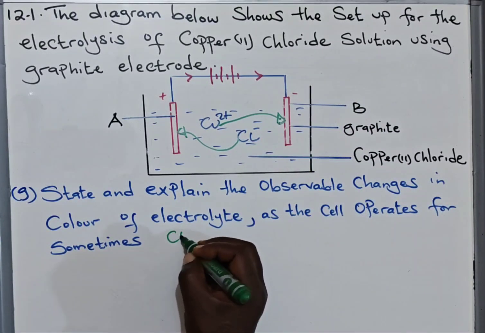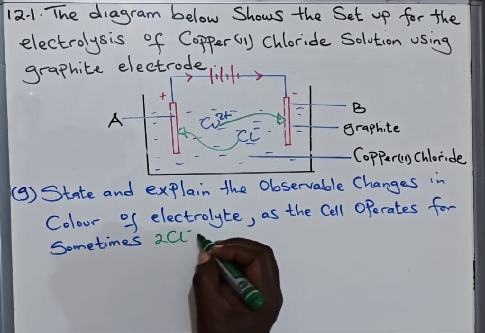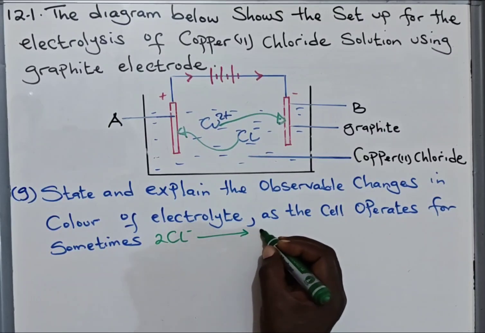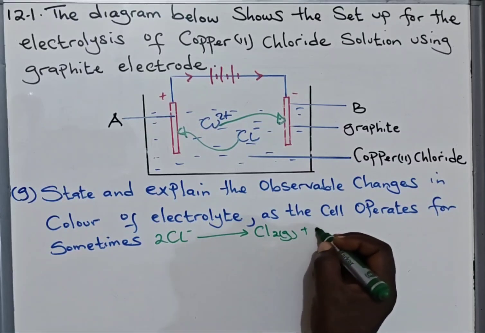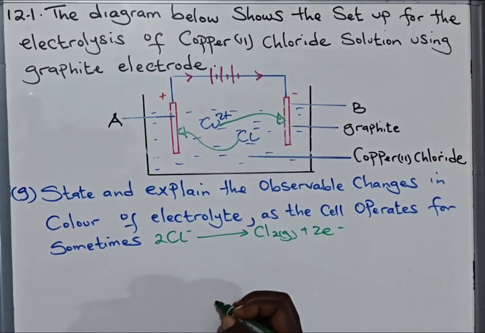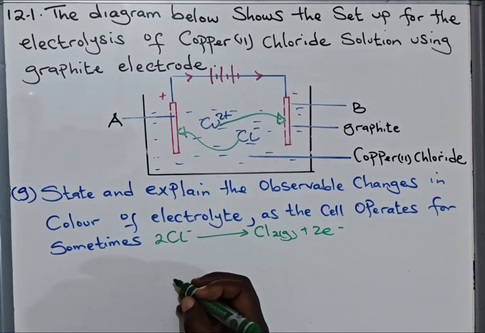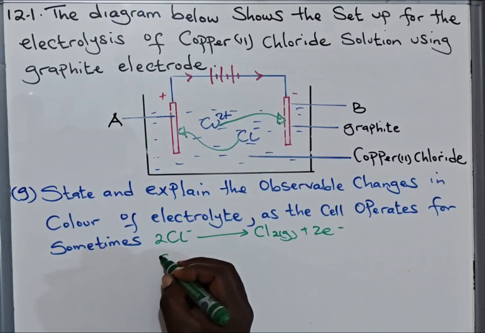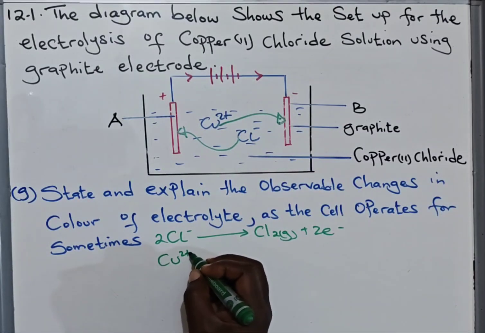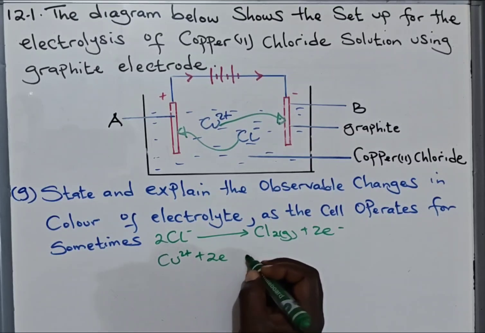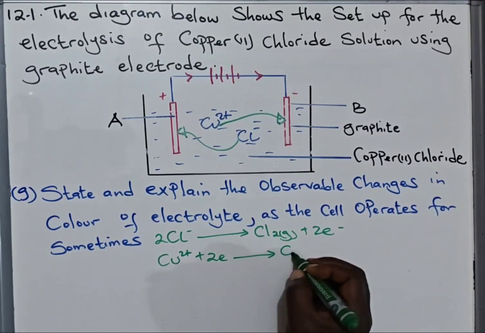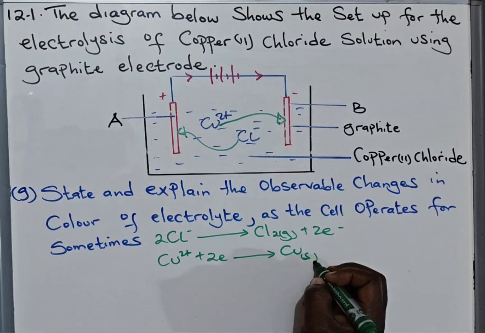First of all, we said chloride ions became oxidized to chlorine gas. Secondly, what did we say? We said the copper 2 ions became reduced to copper solid.